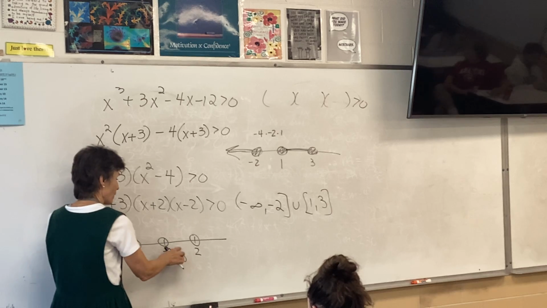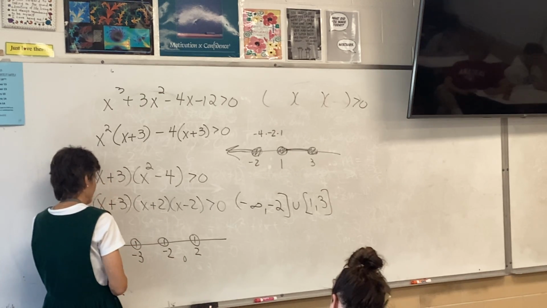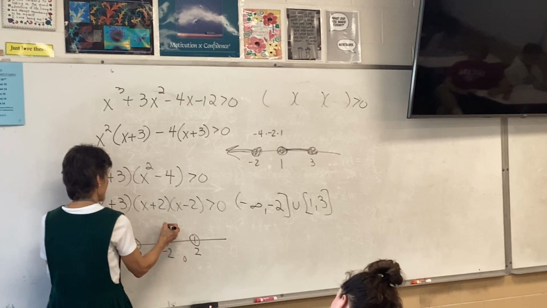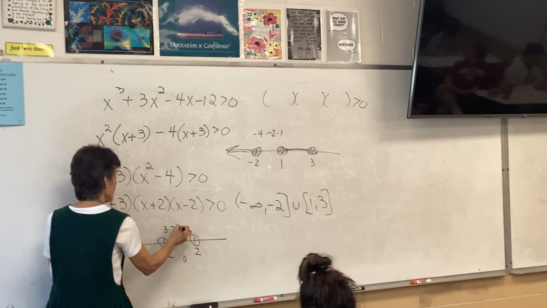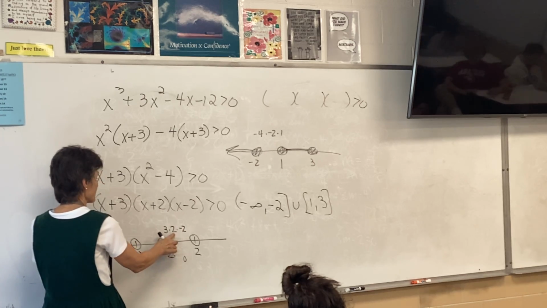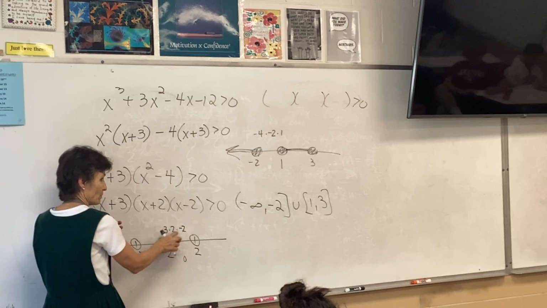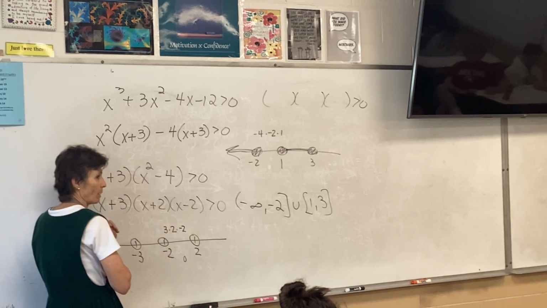Keep in mind, 0 is here. So I put in 0. I have 3 times 2 times -2. Is that number, whatever it is, bigger than 0?